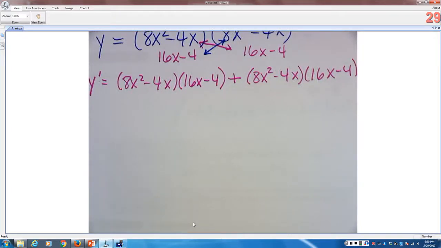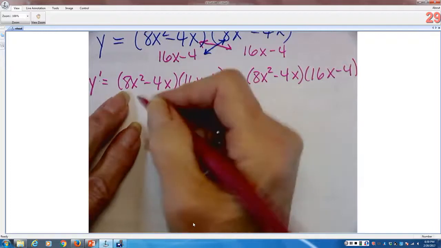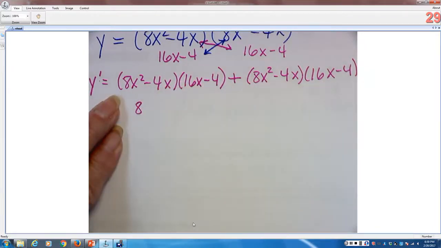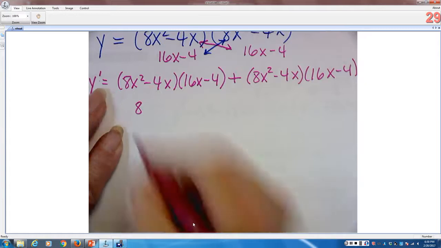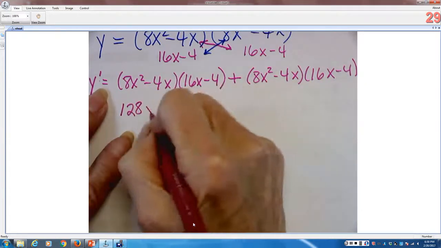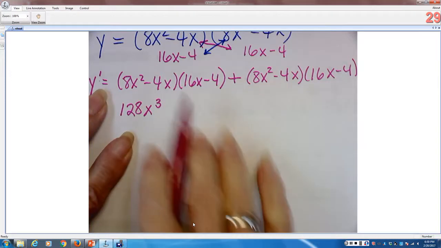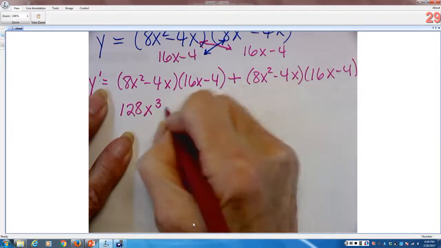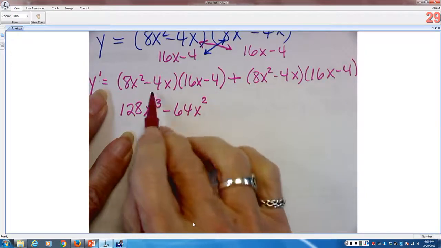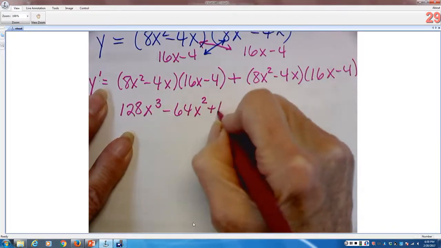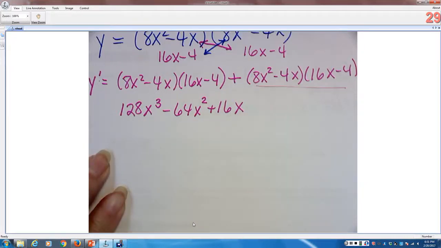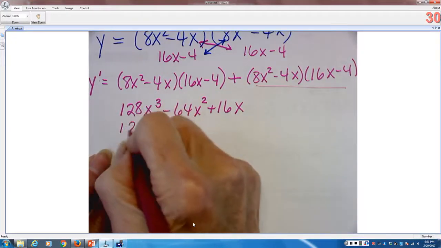and then we're going to multiply it out. 8 times 16 should be 128. And that's going to be x cubed. And 4 times 16 is minus 64x squared, and negative 4 times negative 4 is plus 16x. And since this is going to give me the same thing, I'm just going to add the same thing again to itself.